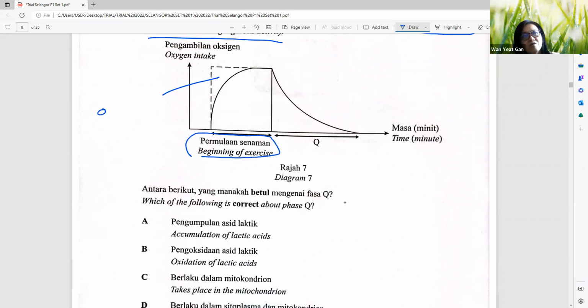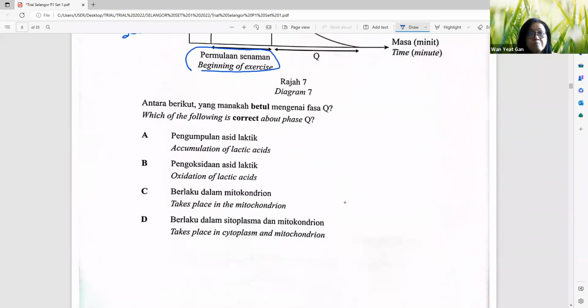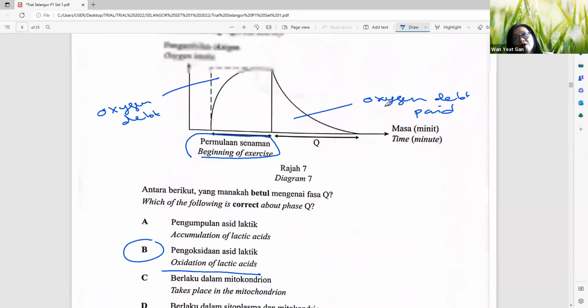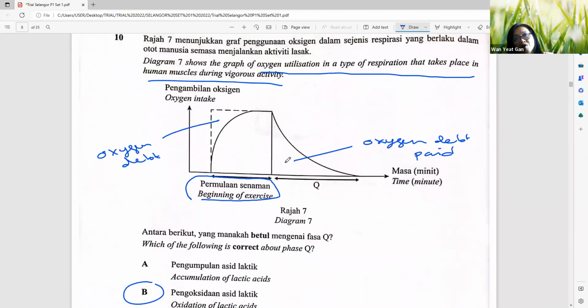Here oxygen debt occurs, and here oxygen debt peaks. So it's the recovery process here. When oxygen debt is paid, the oxidation of lactic acid will be completed. Once all the lactic acid that has accumulated in the muscle cell has been oxidized completely, then we say oxygen debt has been paid.